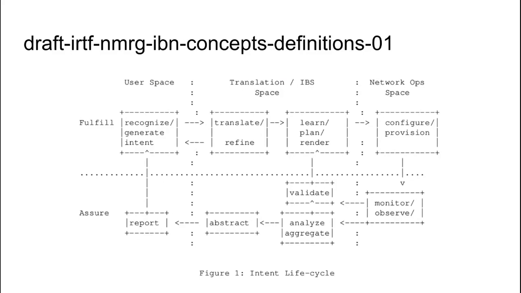Very important is also the bottom part of the life cycle, where you have the monitoring, observation, validation, and reporting to the user about the intent. This is another point that still requires work, at least in our implementation. And again, any idea, any help, any feedback on a possible contribution, if you are working on this, will be more than welcome.